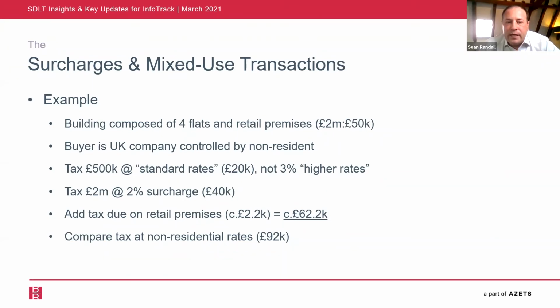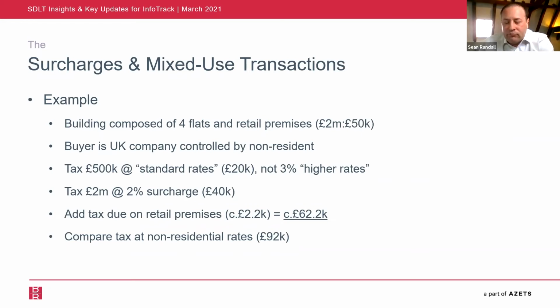But then because the company fails to pass the UK residence test, the non-resident 2% surcharge will apply. So there's the difference. So the 2 million will suffer the 2% surcharge, which obviously gives you 40k. Then we need to add the tax on the retail premises, which is 2.2 roughly, to give a final tax figure with MDR of 62 or 62.62 roughly.